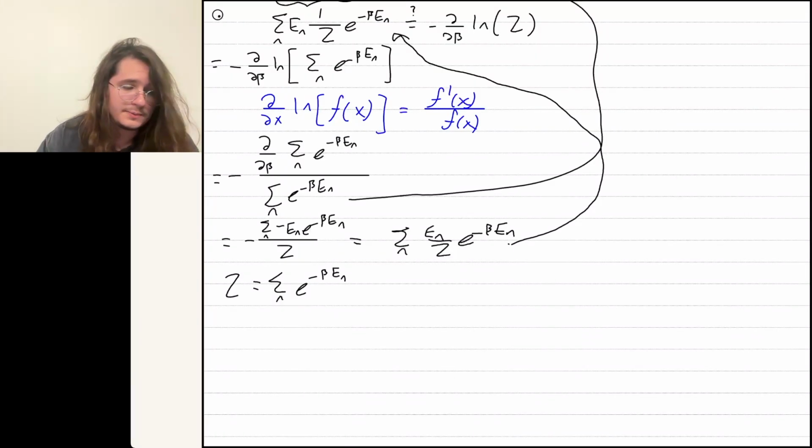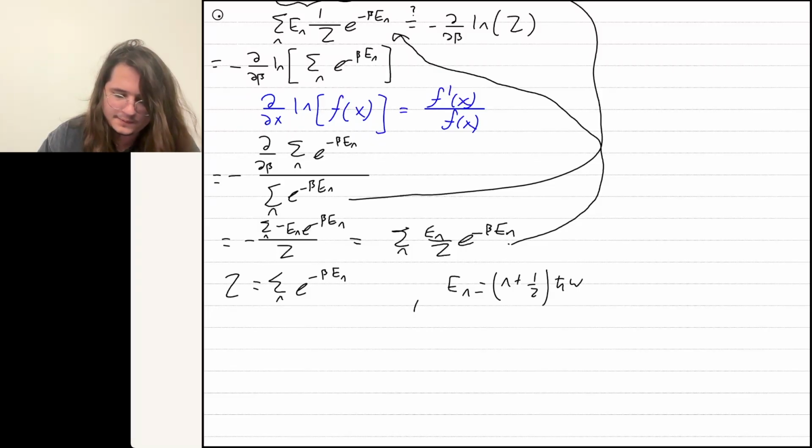But for a simple harmonic oscillator, E sub n is just n plus a half times h bar omega. So we're going to plug that straight in, and we're going to get the sum on n of the exponent of minus beta times n plus a half h bar omega.